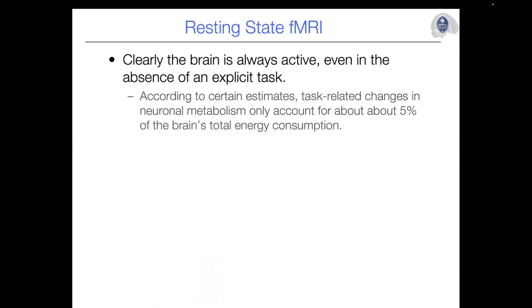or other things. I said that there's been an explosion of interest in connectivity in the last 15 years. A lot of this has been driven by something called resting state functional MRI. In the early days of fMRI, when people were doing these brain mapping studies, we often did what's called task-based fMRI. So you had people perform a task while they were in the scanner.